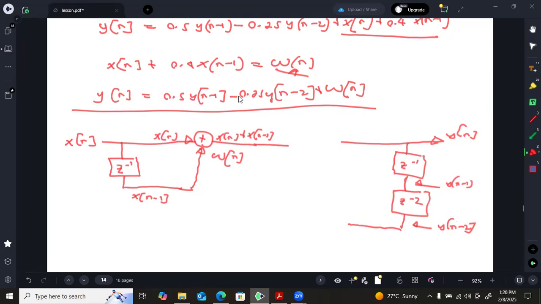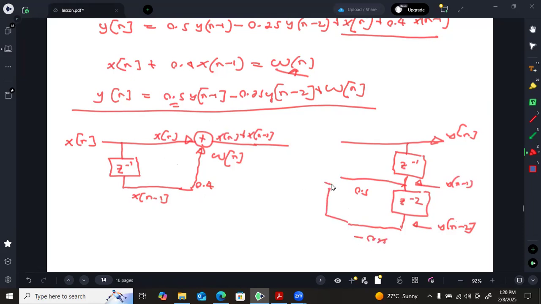But what we also didn't do, we needed to put a 0.4 here to multiply x of n minus 2. I also need to bring this here, multiply by 0.5, this one here. And this other one multiply with minus 0.25.